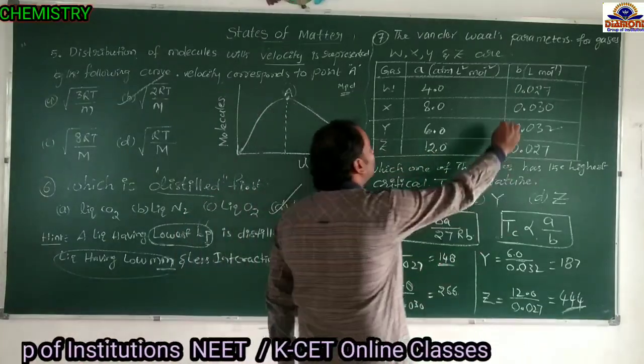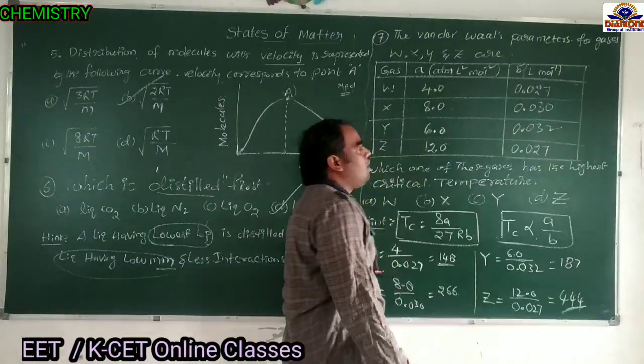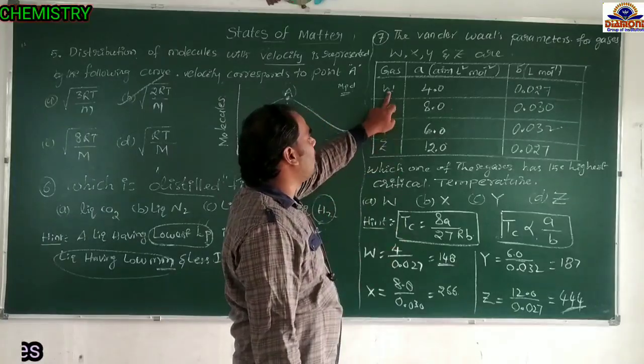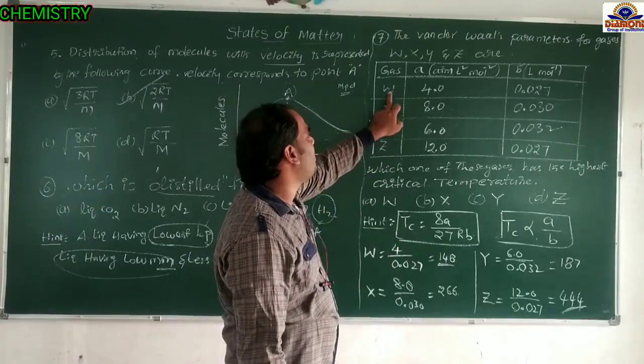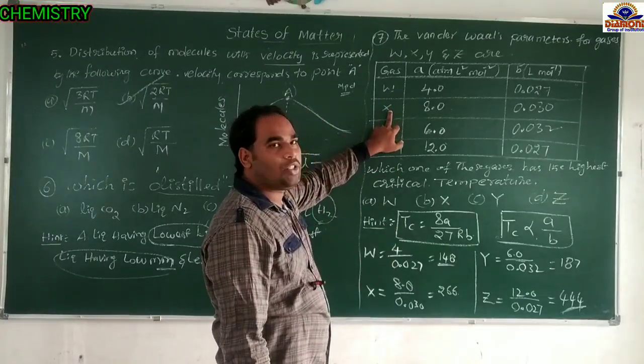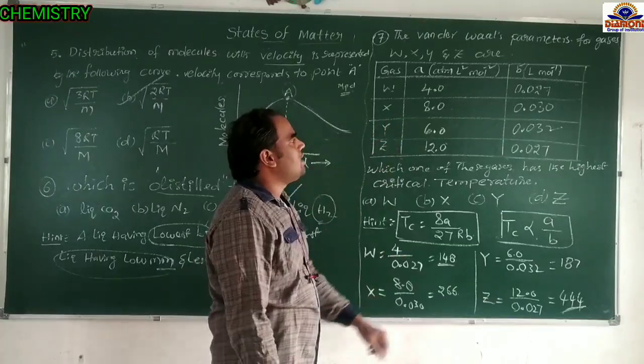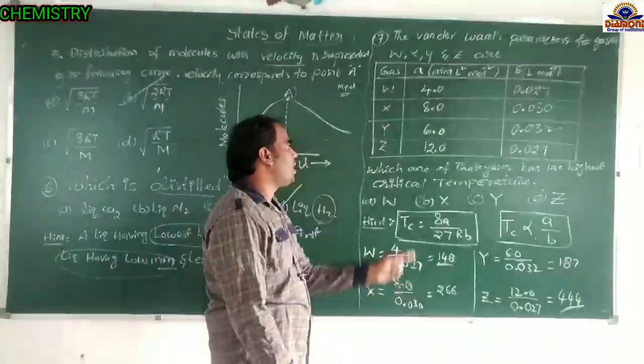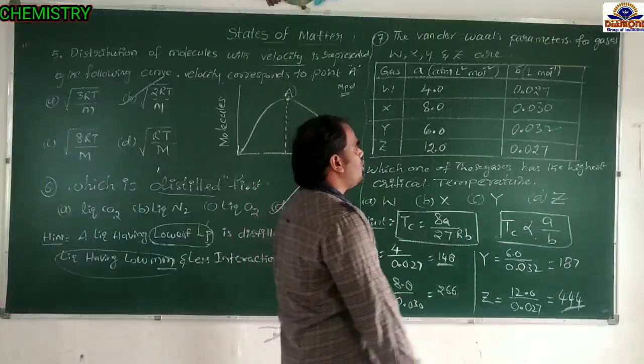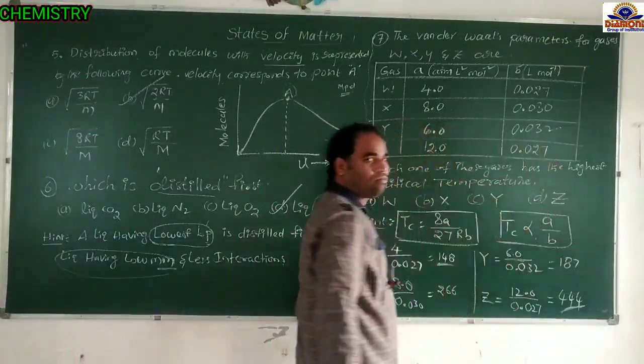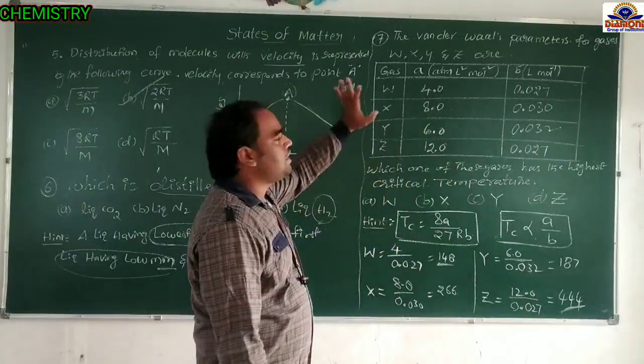And the B value for W gas is 0.027, for X gas 0.030, for Y gas 0.032, and for Z gas 0.027. Okay, so this is the data.